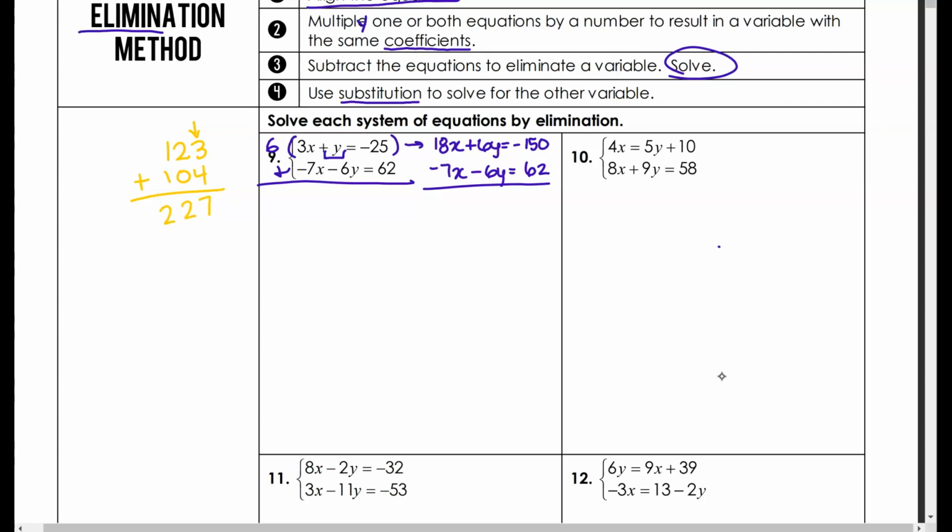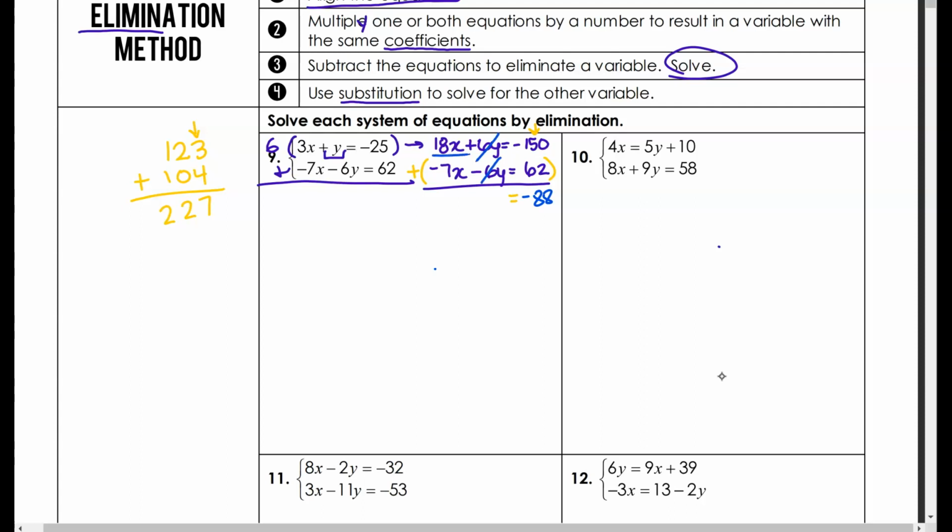That's kind of what we're going to do here. We're going to add our constants, so negative 50 plus 62. Negative 50 plus 62 gives us negative 88. And then notice positive 6y minus 6y, these are now gone. They cancel out.